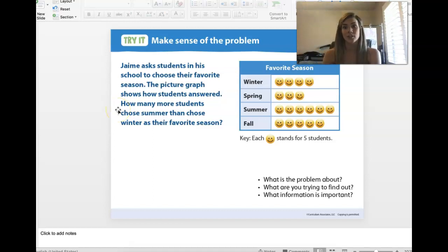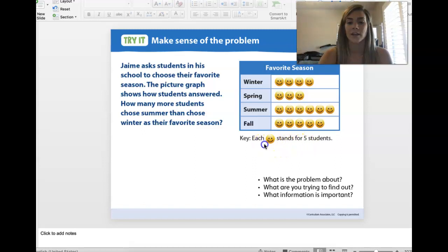Now, what information is important? Let's read it all together. Jamie asks students in his school to choose their favorite season. The picture graph shows how students answered. How many more students chose summer than chose winter as their favorite season? So I'm going to get the pen out.